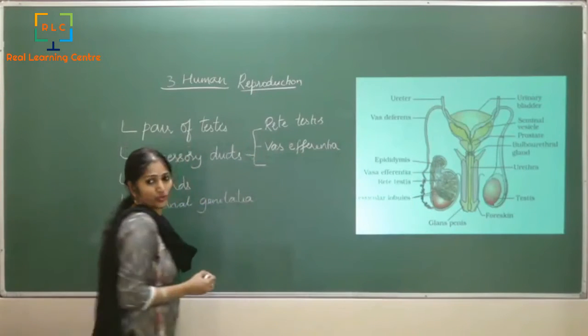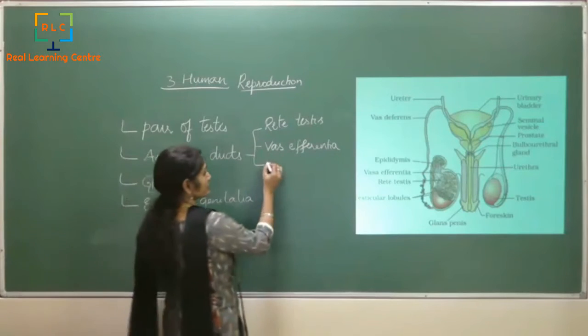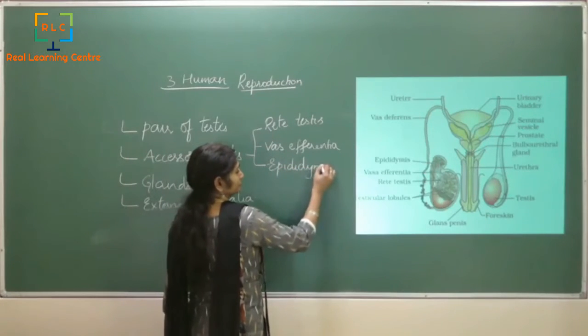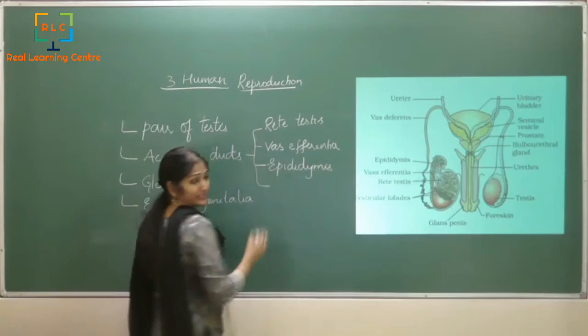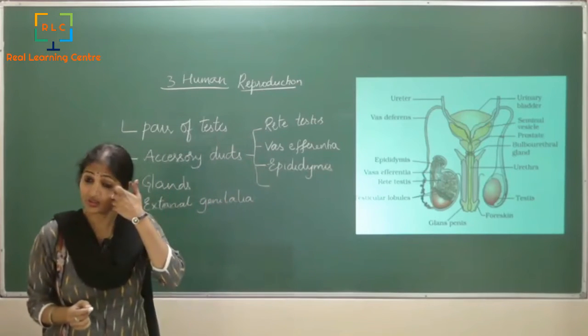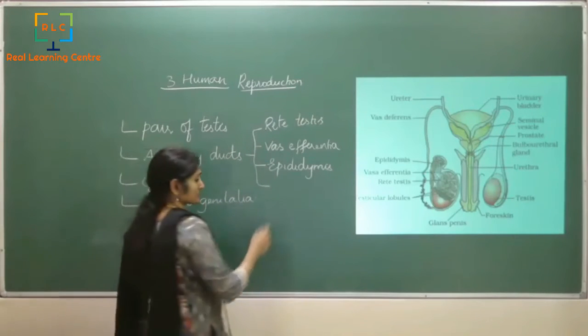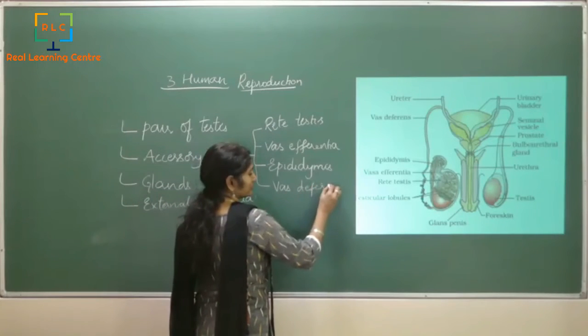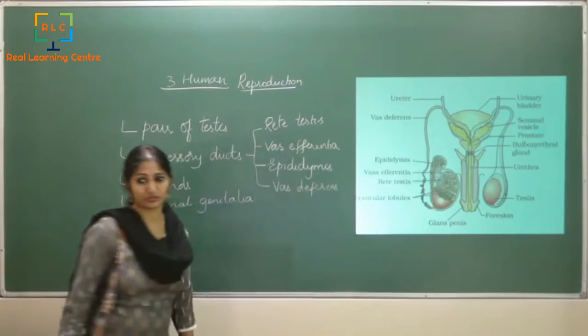Then we have the third one, which is called the epididymis. And then the last duct is what we call the vas deferens.